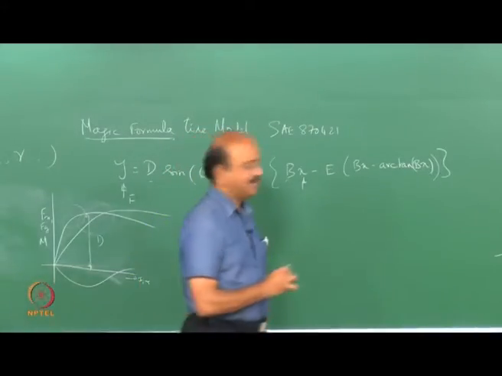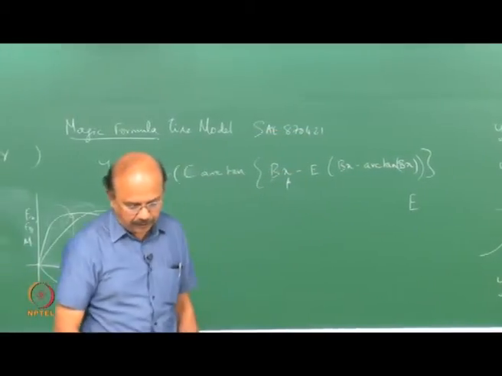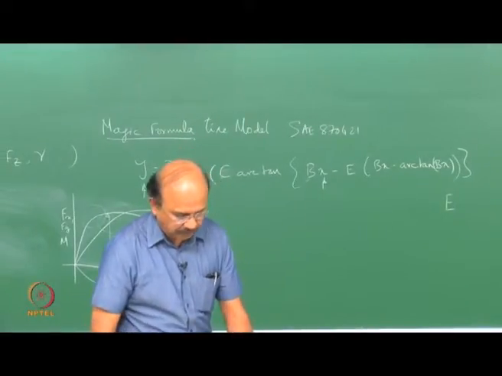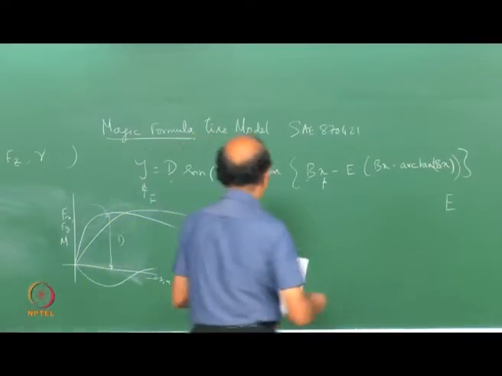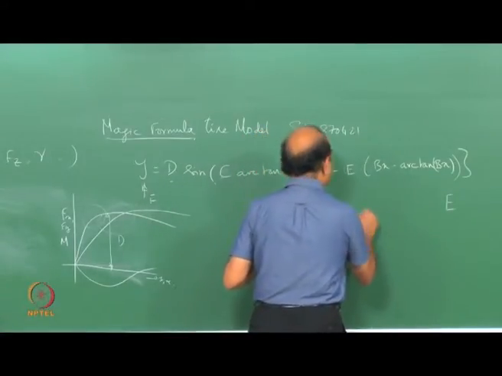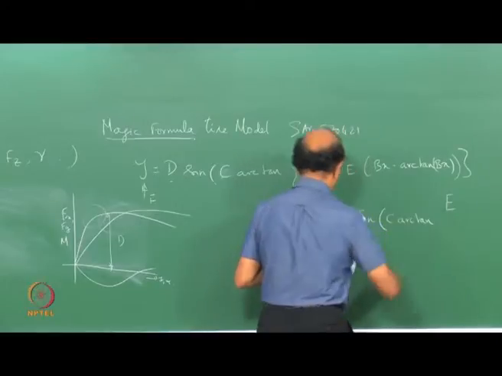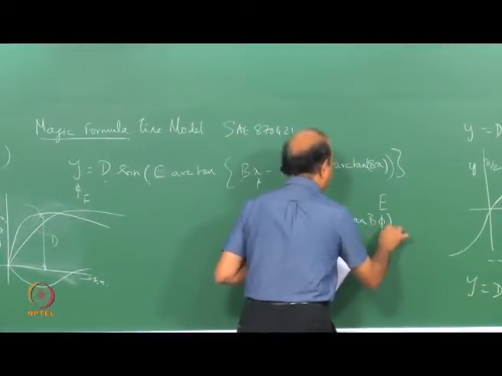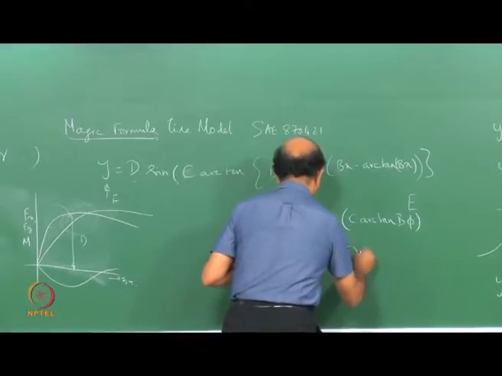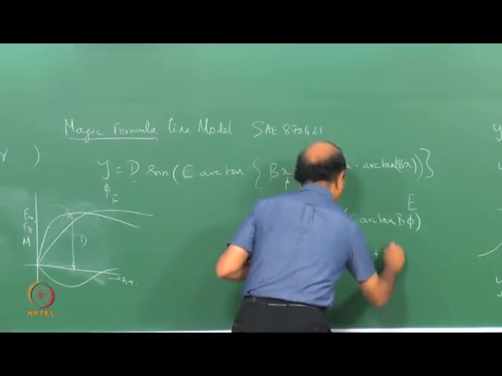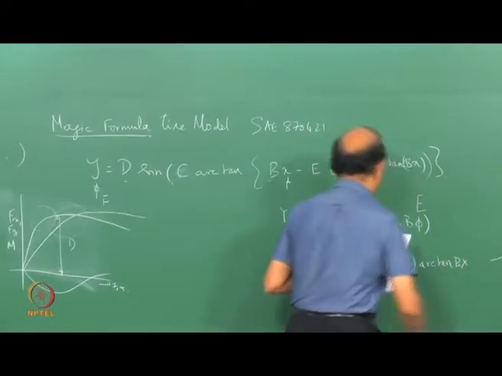Let me call that factor E. So I will now slightly vary it and write down this equation to be y is equal to d sine, I'm going to keep all that constant, arctan, b, instead of x, I'm going to introduce a quantity called phi, and phi is equal to 1 minus e into x plus e by b into arctan bx.